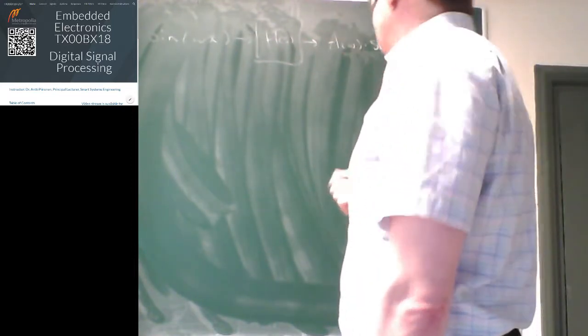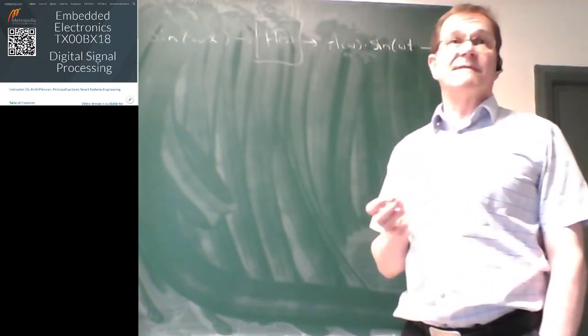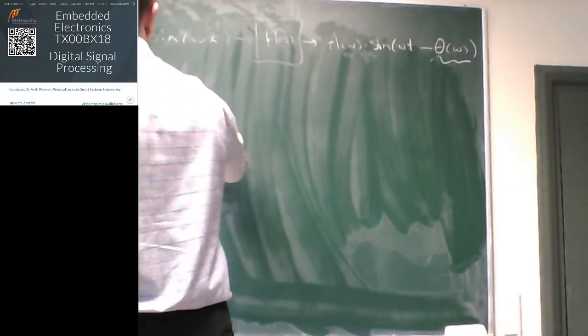On the digital domain, we can actually make perfectly linear phase shift systems. Only on the digital domain.